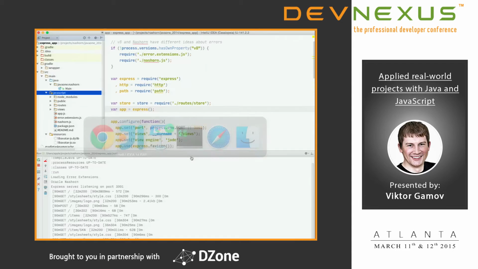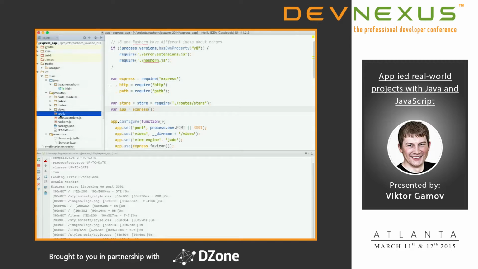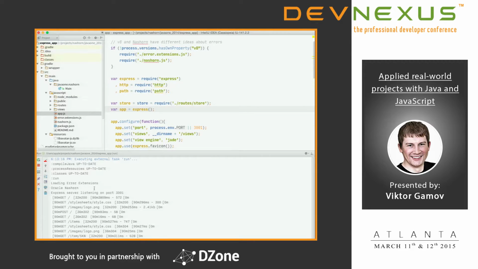only with one exception. If I open the app.js, first of all we will see the output here, like Oracle Nashorn. I'm doing this specifically to test whether, when running this Node.js, I can still have access to Java APIs. So in this case, I'm checking if the current process is actually V8. This is an API from Node, by the way.